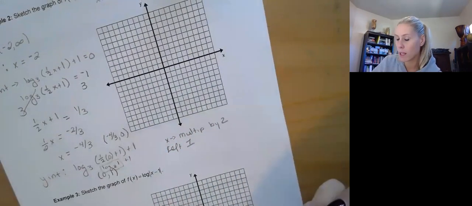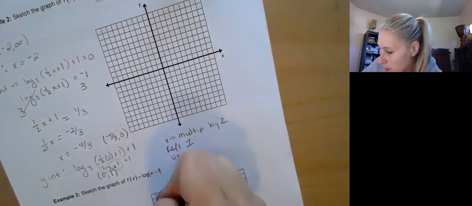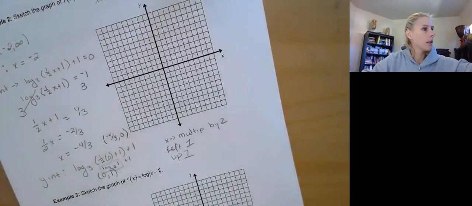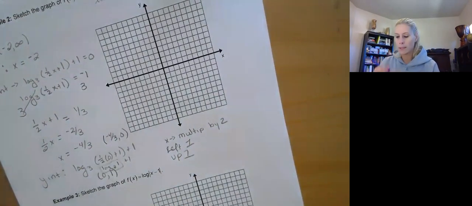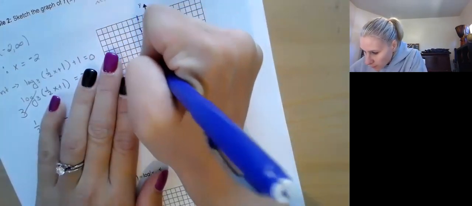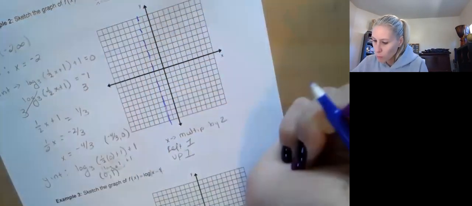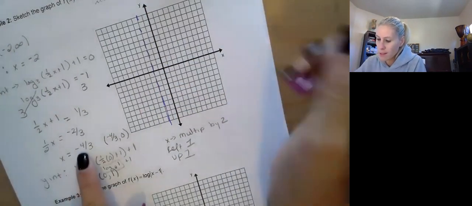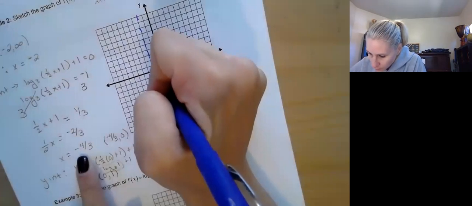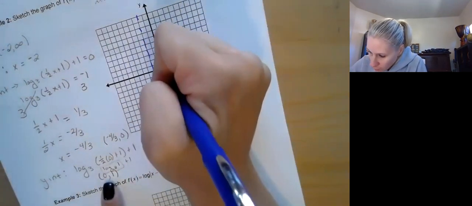And the plus one on the outside says it moves up one. All right, let me see if my colored pens come out correctly. So we have a vertical asymptote at -2. We have a -4/3, 0 and we have a 0, 1.